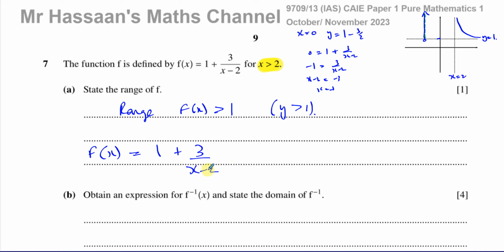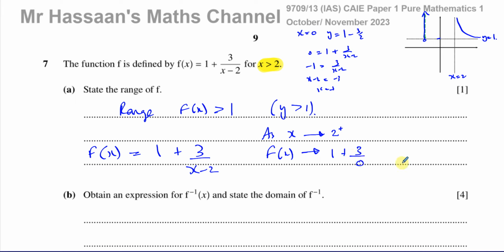So we can say as x gets closer to 2 from the positive side, from above 2, then f of x is going to be getting closer to 1 plus 3 over 0.